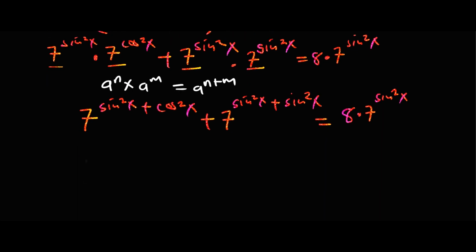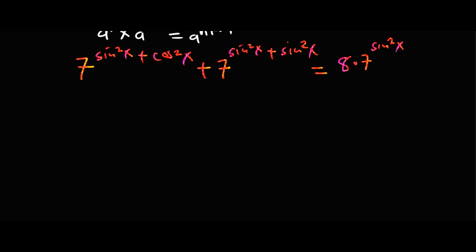So now we can simplify the powers. For the first one, look at this. This relates to a trigonometric law or identity. That is, if you have sine squared of x plus cos squared of x, that is the same as 1.